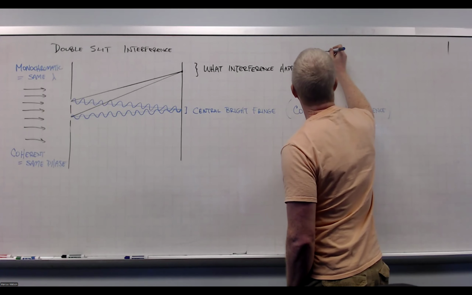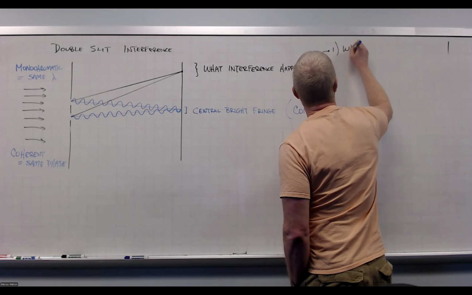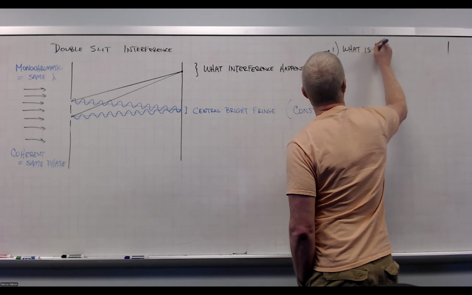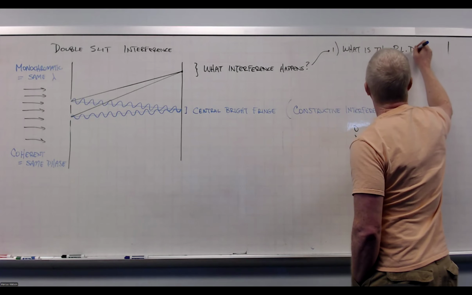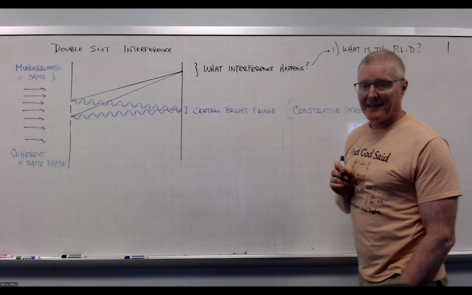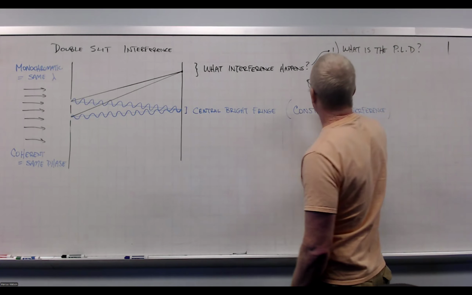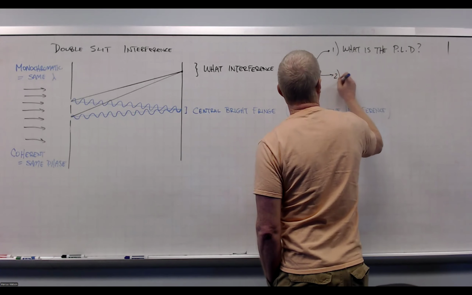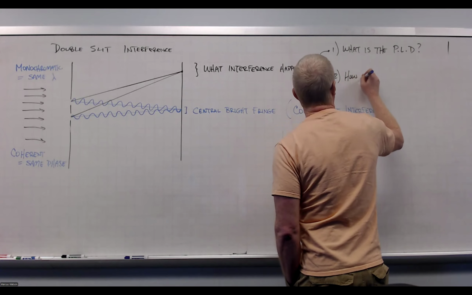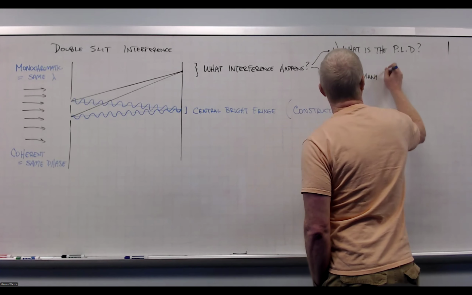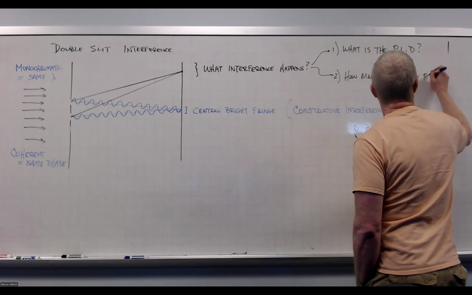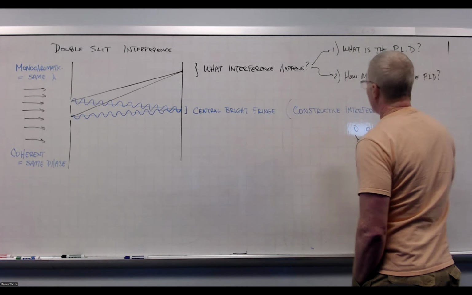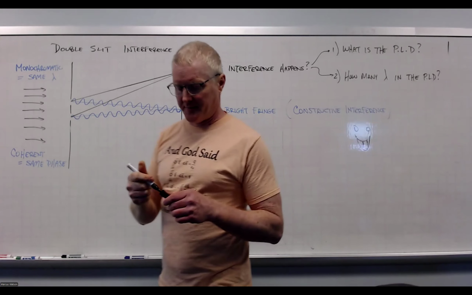So question one is, what is the path length difference? I'm going to abbreviate that as PLD. And number two, how many wavelengths are there in the path length difference?